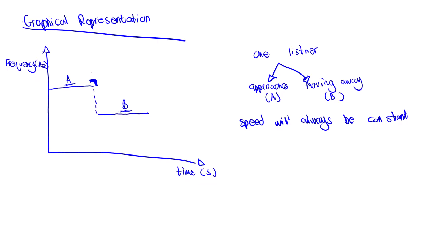And most of the time with these graphs, we're going to be doing simultaneous equations. Most of the time, for you to solve, maybe let's say you want the frequency of the listener at part A and the frequency of the listener at part B, you're going to have to do some simultaneous equations, but we'll also cover that as we do examples involving Doppler effect.